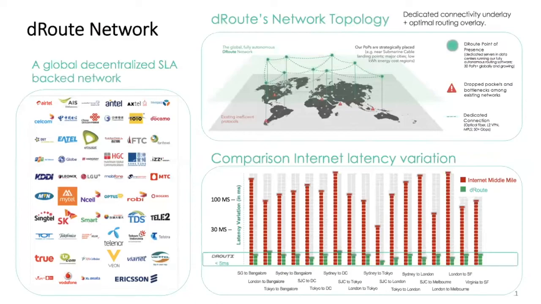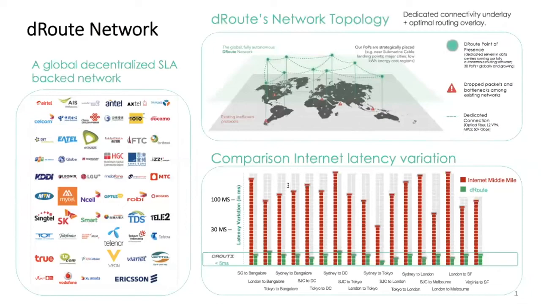So we've built a global network which is decentralized, and we are running our virtual routing algorithm on each of these nodes in this global network. And that's the reason why the network is global, decentralized, low latency, and extremely high performant, right?